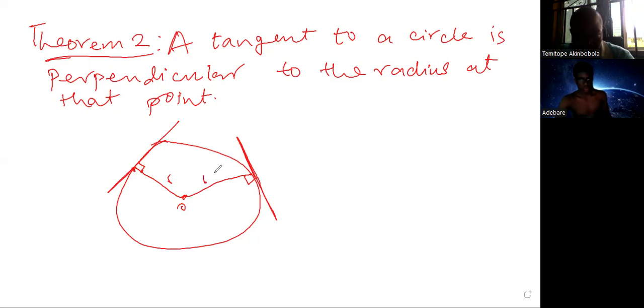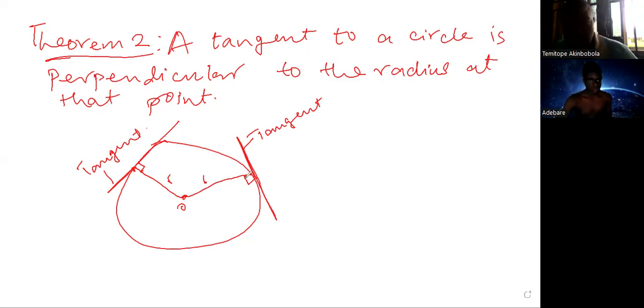Yes, sir. That means they are 90 degrees to one another. So this is a tangent. This is also a tangent. So that's what that theorem is saying. Then we'll now see an example.